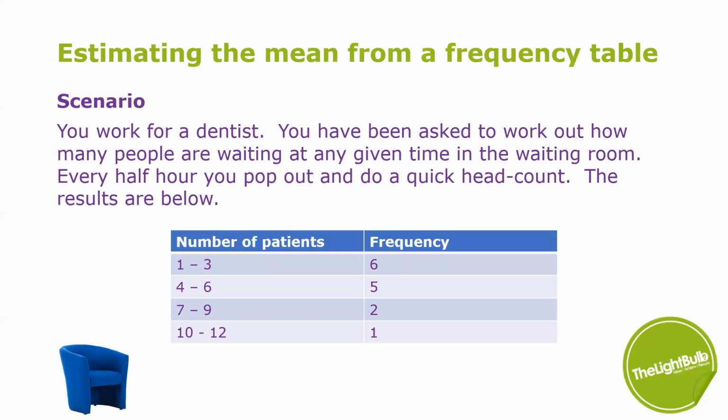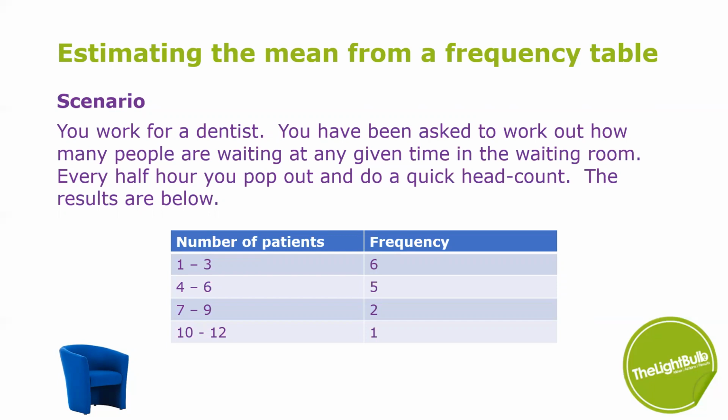We're going to start our work by looking at a dentist waiting room scenario. I'm going to talk you through this example, and then later on you'll get to have a go at working out a couple for yourselves. The story that we're given here is that you work for a dentist, and you've been asked to work out how many people are waiting at any given time in the waiting room.